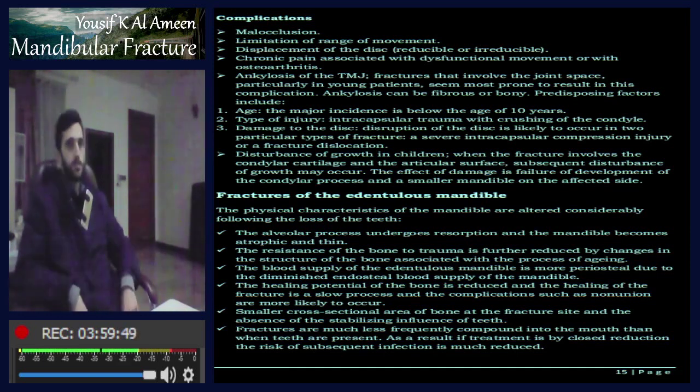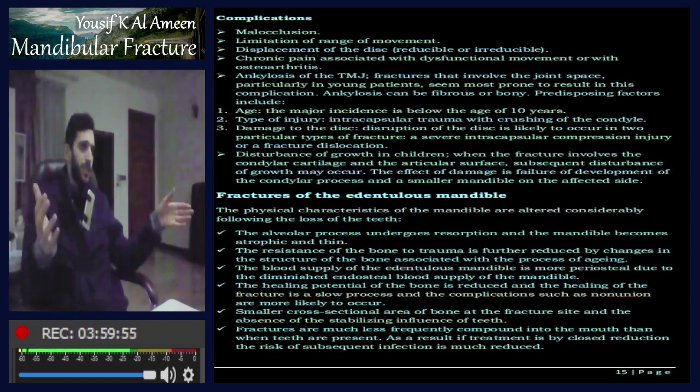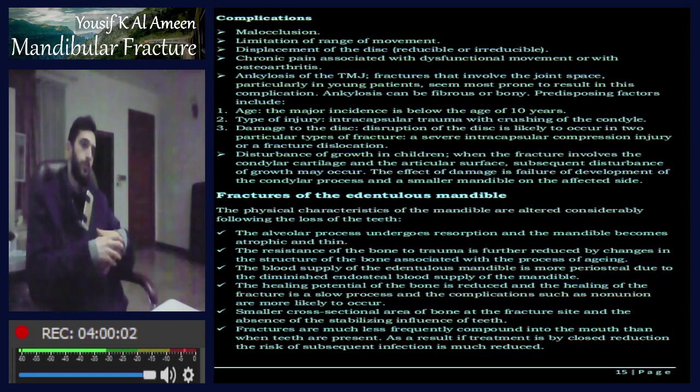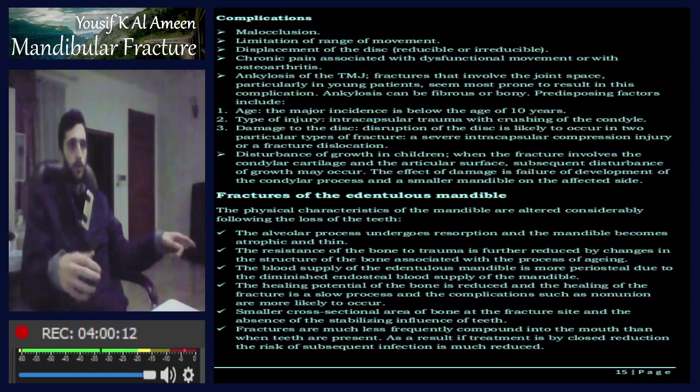Fracture of the edentulous mandible. The physical characteristics of the mandible are altered considerably following the loss of teeth. The alveolar process undergoes resorption and the mandible becomes atrophic and thin.